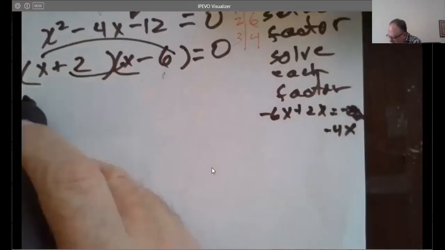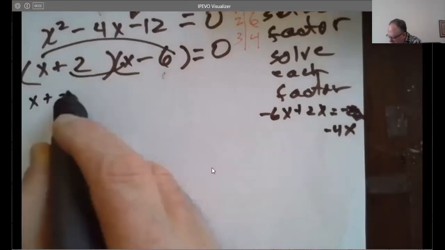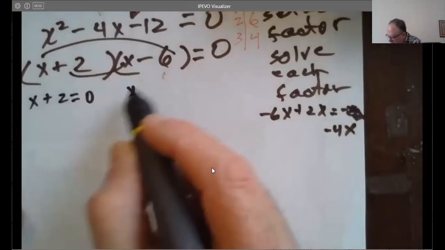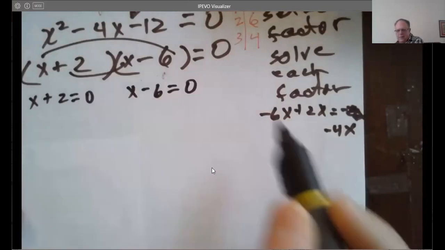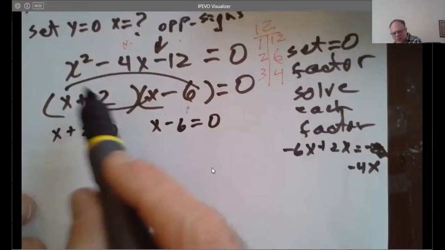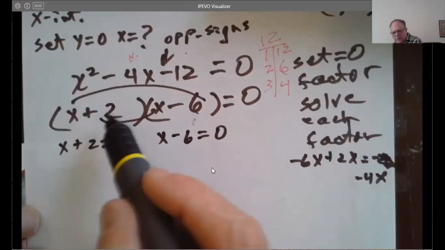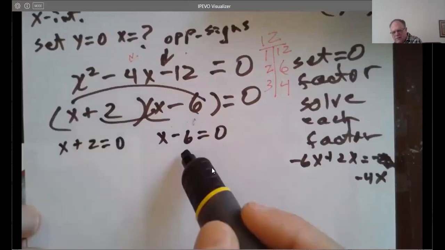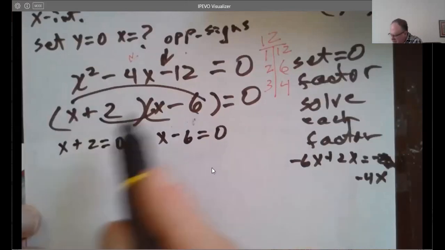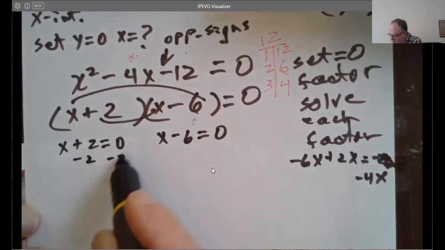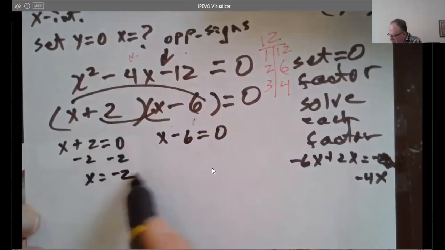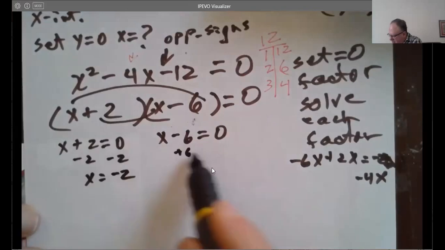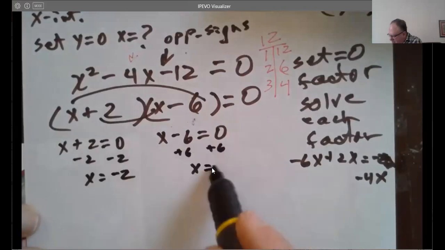So this would be x plus 2 equals 0 and x minus 6 equals 0. Normally when you're just factoring this, you're done here. But when you're solving, you have to keep going. So we have to solve. That'd be x equals negative 2, and add 6, we get x equals 6.